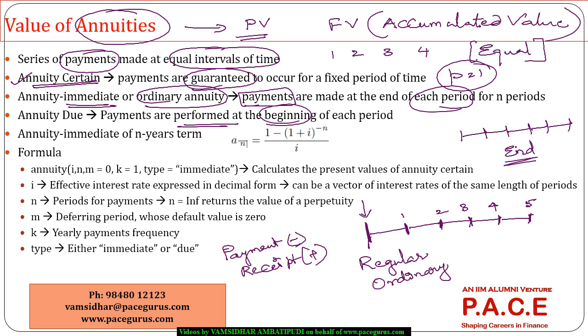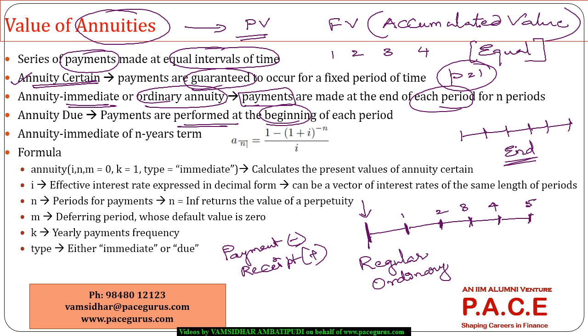So we have to be very clear about where the payment is getting made. Is it made at the end of the period or at the beginning of each period? Depending on that, our formula will differ slightly. So this is again a clarity in terms of when the payment is getting made.